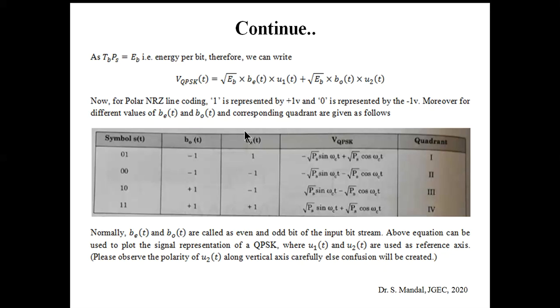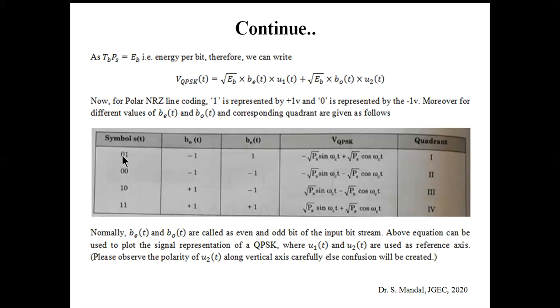Now, if you use polar non-return-to-zero line coding, where 1 is represented by plus 1 and 0 is represented by minus 1, then for 0 1, the first bit is odd and the second bit is even.